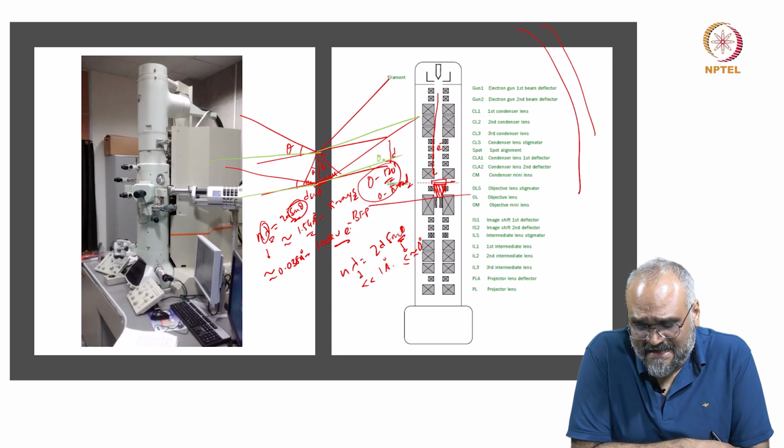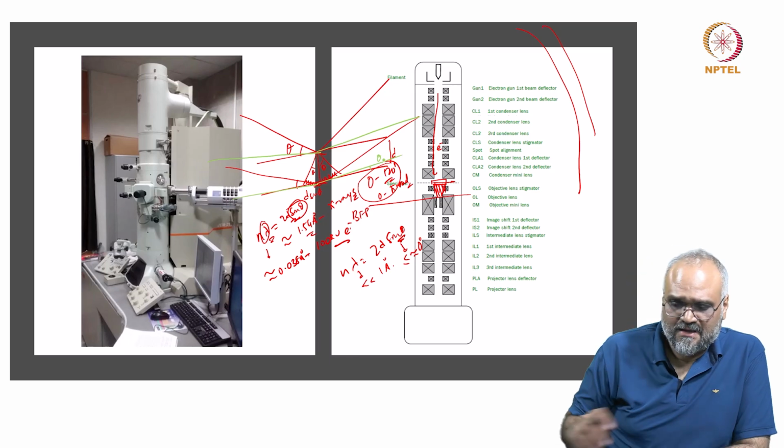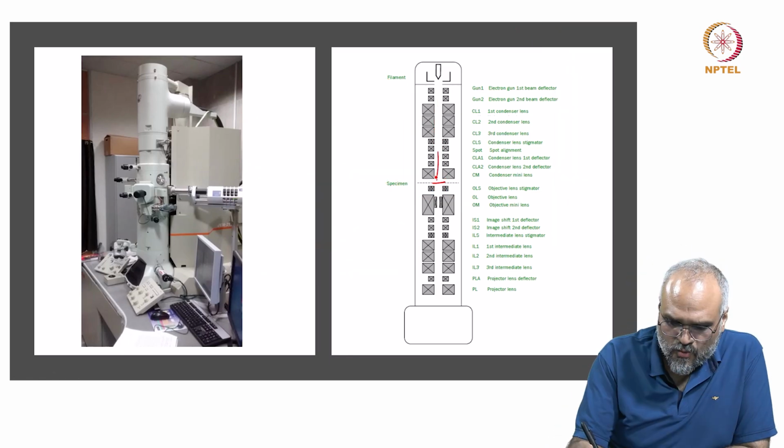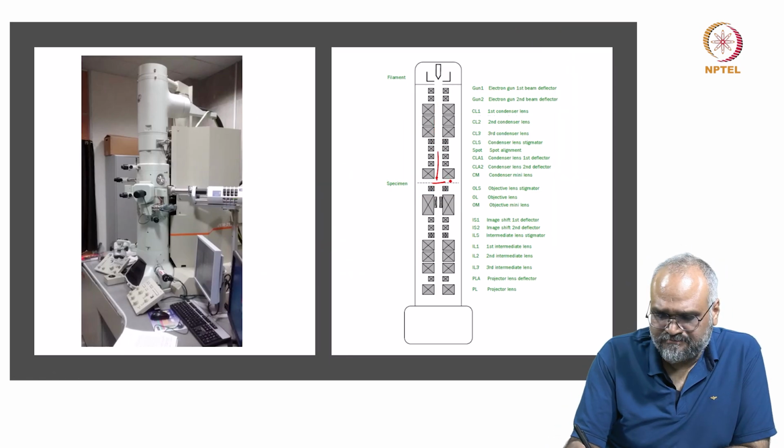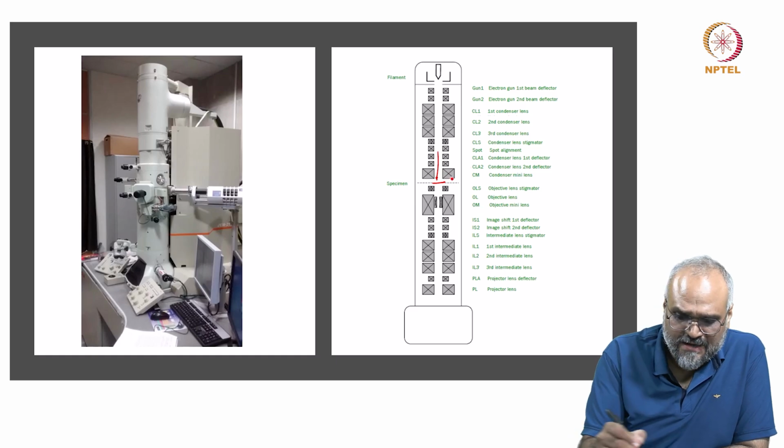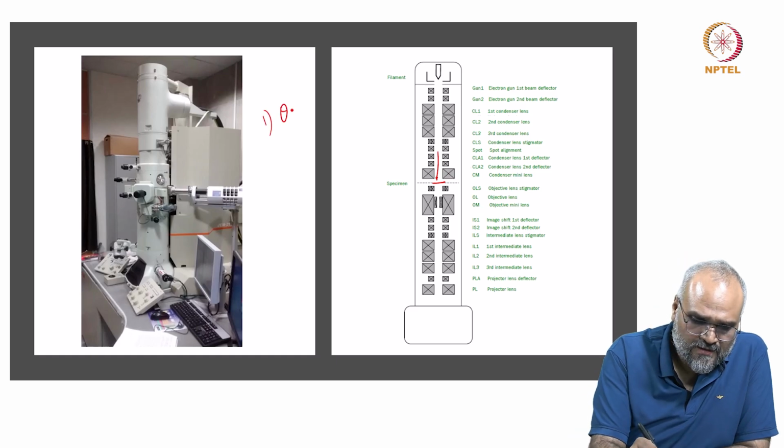So what this tells me is, in a crystalline sample, when an electron beam is incident and satisfying Bragg's law, the angle of incidence is more or less 0, nearly parallel to the electron beam.